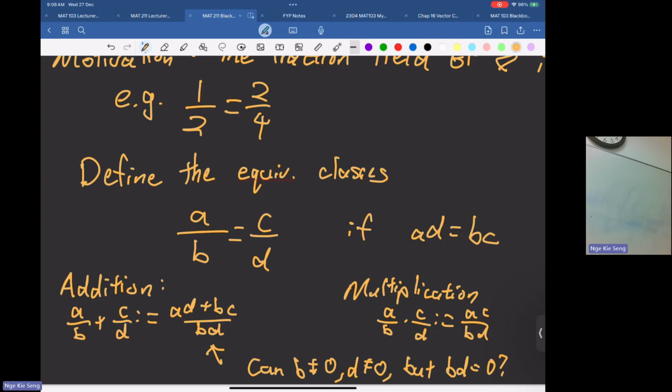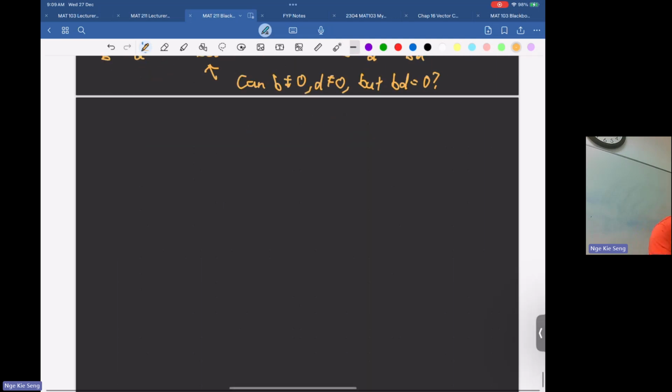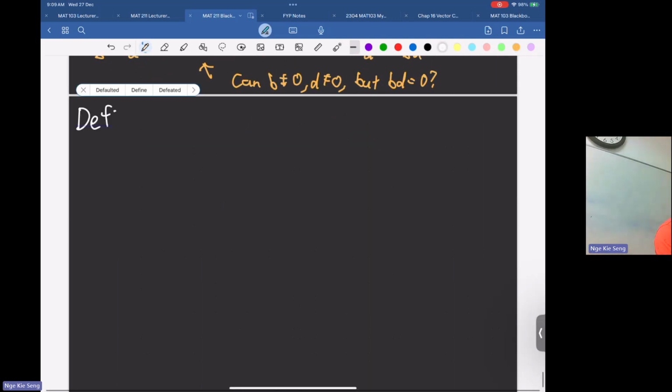Okay, yeah. So this is why we're going to introduce what we call an integral domain. So what is an integral domain?